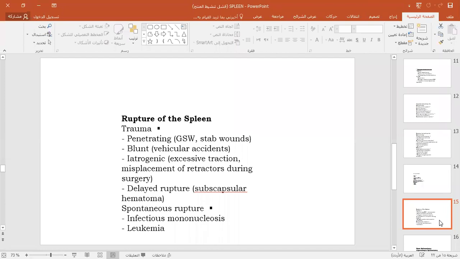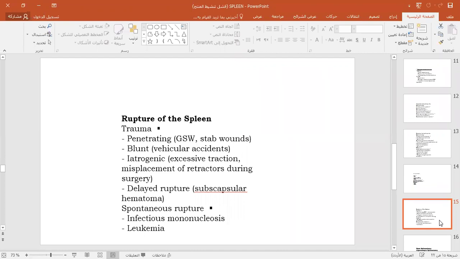Grading of the splenic trauma is from 1 to 5. Grade 1 is laceration less than 1 cm, grade 2 when the laceration is 1 to 3 cm in depth, and grade 3 when there is more than 3 cm laceration, and grade 4 when more than 75% of the spleen is injured, and grade 5 is shattered, with vascular injury and the hilum injured. Usually needs immediate surgery.